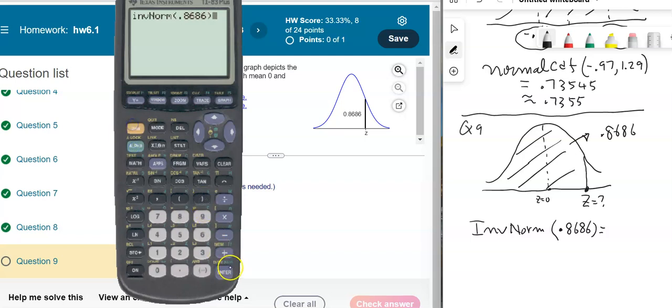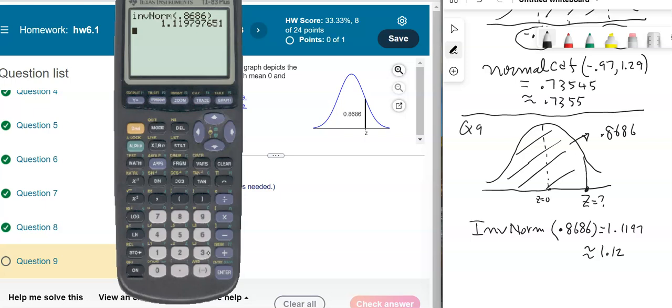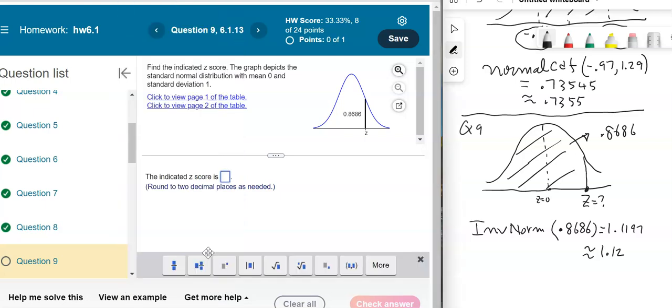Then it is 1.1197. When you write 2 decimals, I'm going to say 1.12.